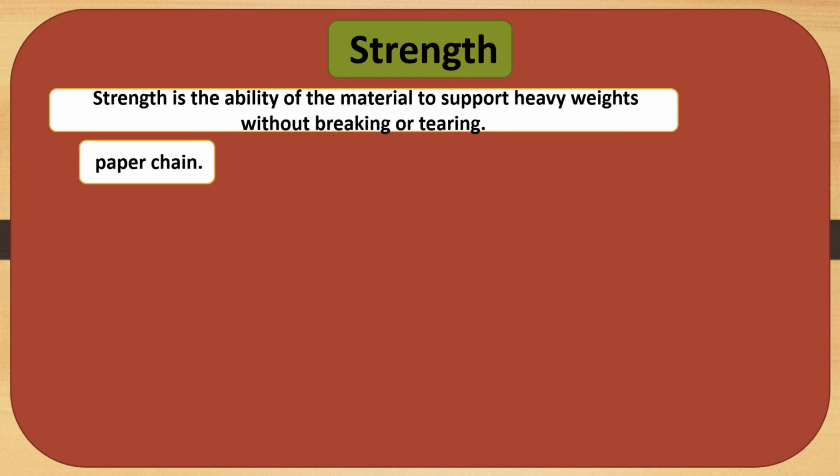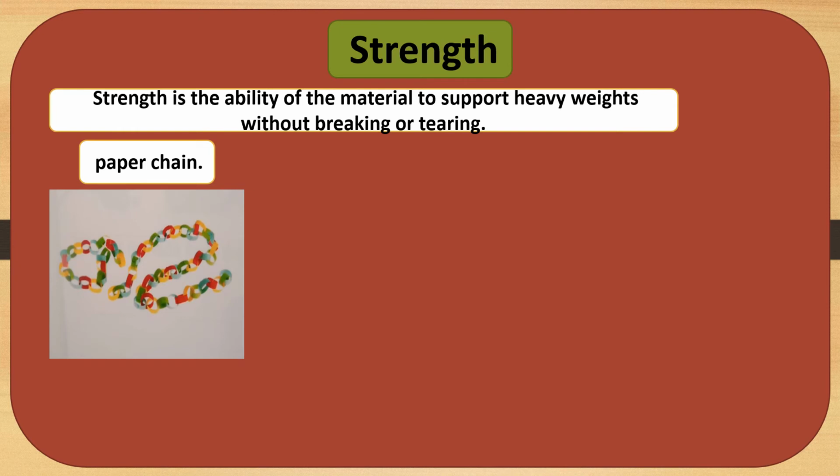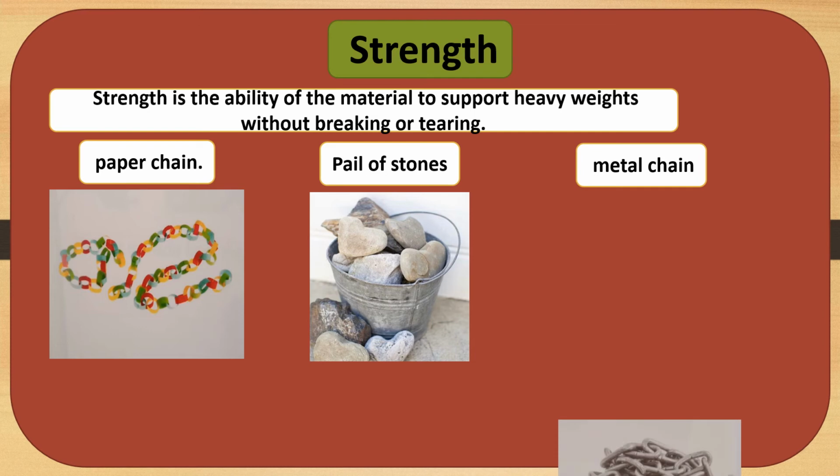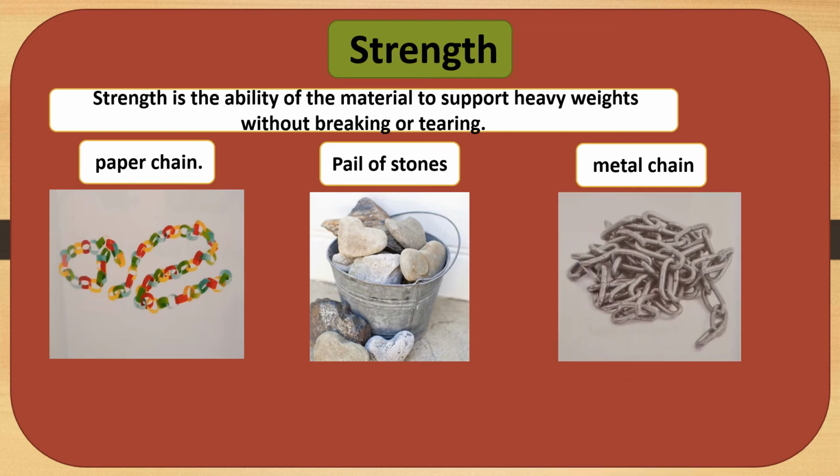For example, we have this. We have paper chain. We also have pair of stones. And we also have metal chain.